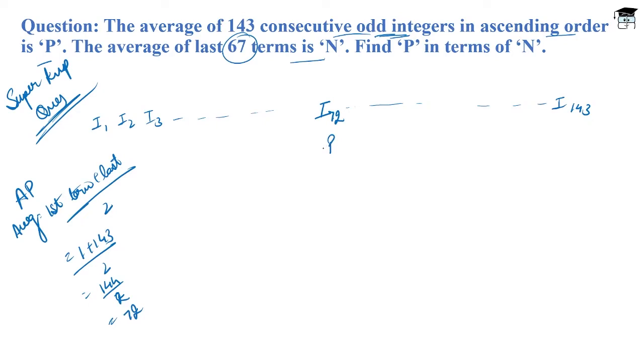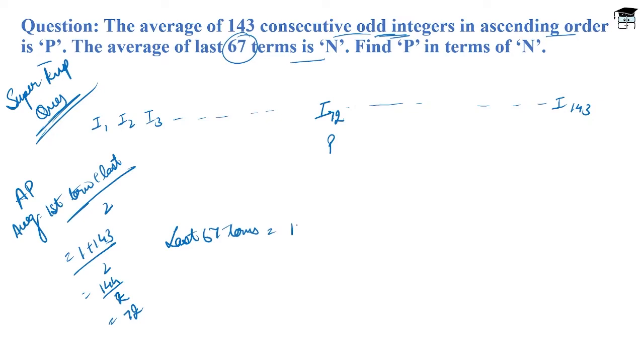The average is P. Now, the next thing they say is the average of the last 67 terms is N. So, the last 67 terms.